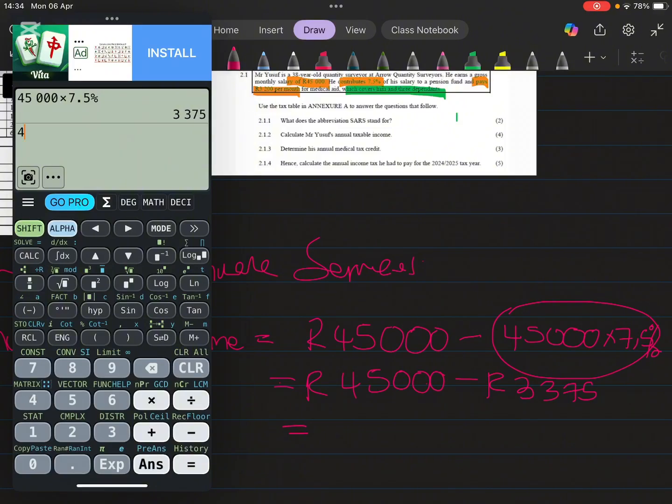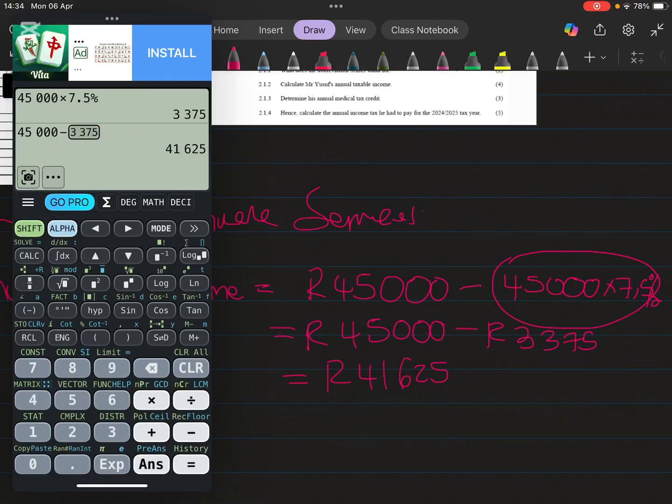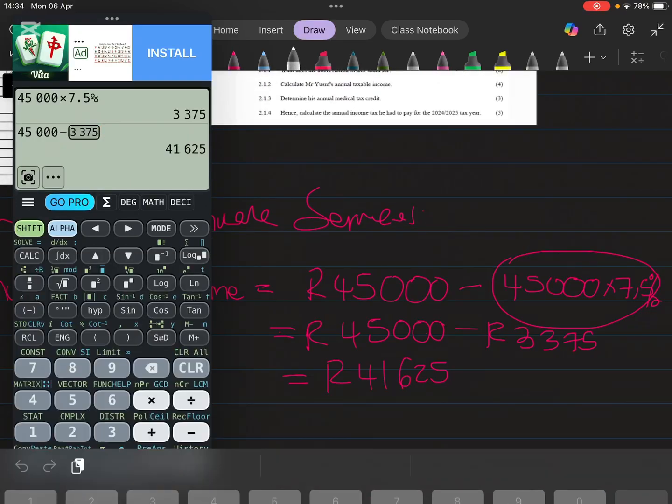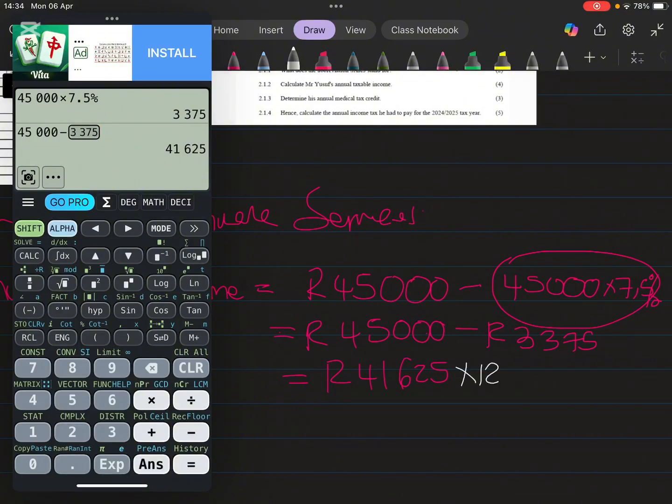And then we're going to have 45,000 subtract the answer. Then it means this person is getting 41,625 monthly. To get his annual taxable income, we're going to multiply the answer by 12.